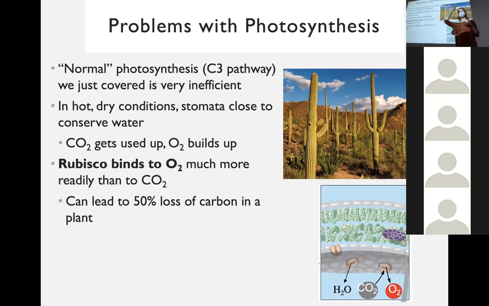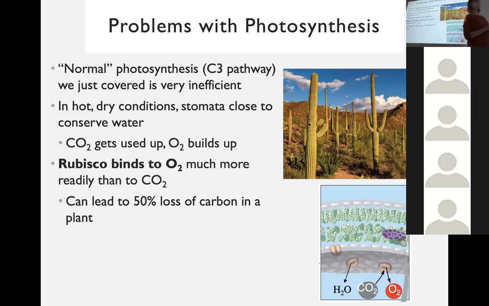So at the very beginning of the Calvin cycle, up there at the top, where CO2 and rubisco are supposed to bind, it binds with oxygen instead. So it shuts down the whole Calvin cycle, and it can lead to, like I said here, up to a 50% loss of carbon in a plant. So much less glucose is made if the stomata are not open, and if O2 is binding to rubisco instead of CO2.